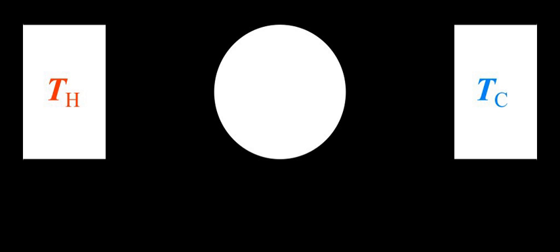The partition function in this limit is Ω_0 e^(-βU_0), where U_0 is the ground state energy.